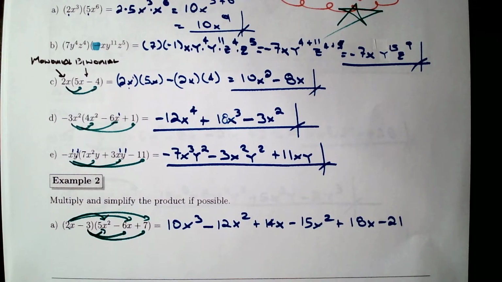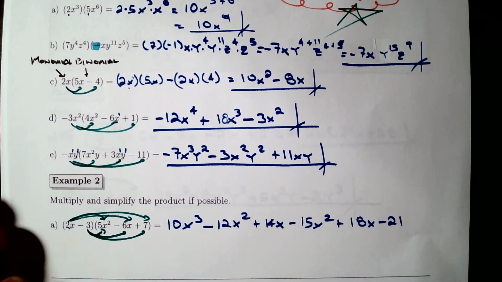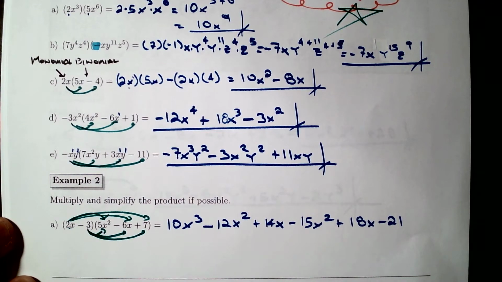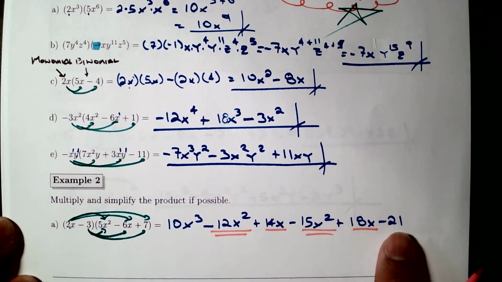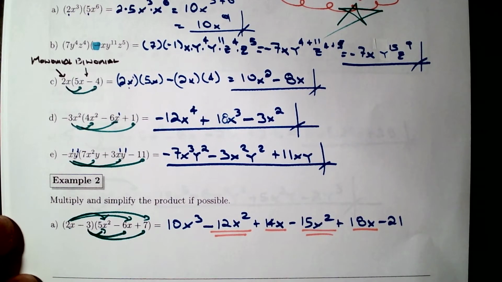So now it's time to combine like terms. So in this case, we have 10x cubed, but we don't have another cubed term, but we have a couple of square terms, a couple of terms to the first power, and only one constant term.